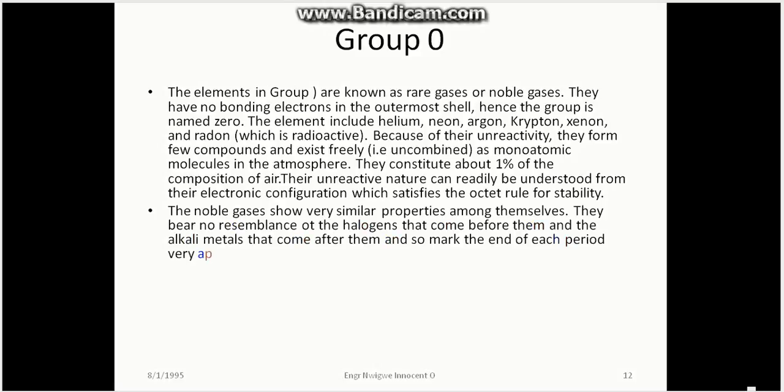They bear no resemblance to the halogens that come before them and the alkali metals that come after them, and so mark the end of each period very appropriately.